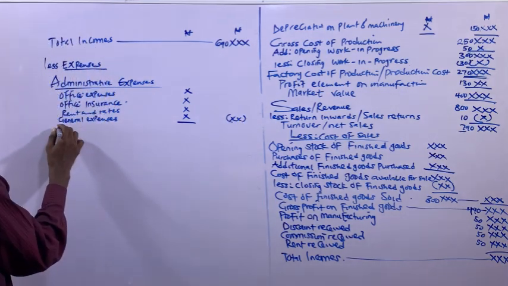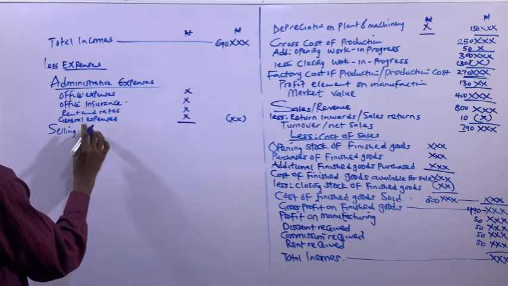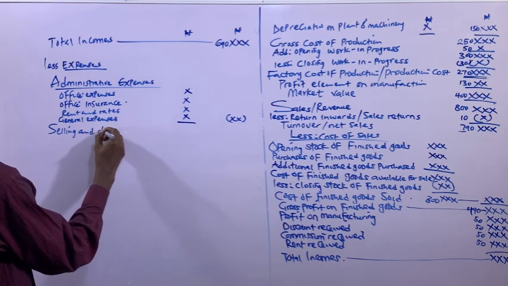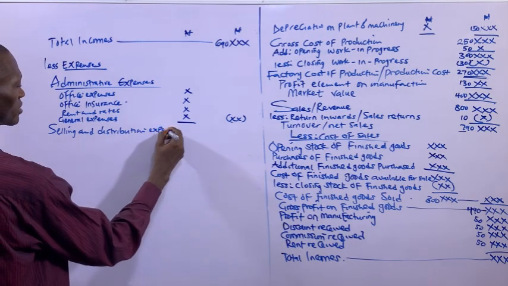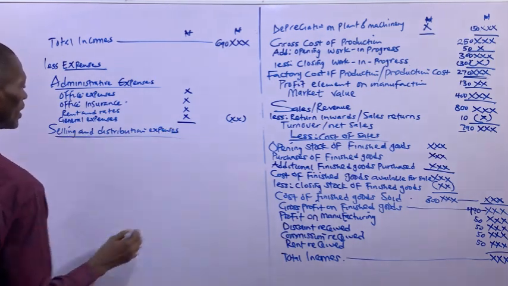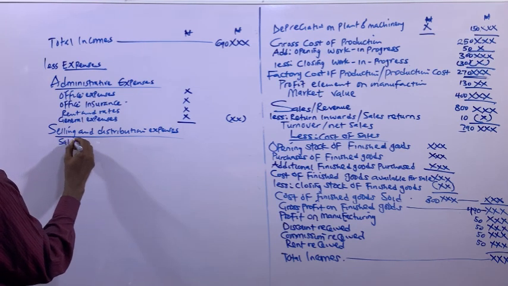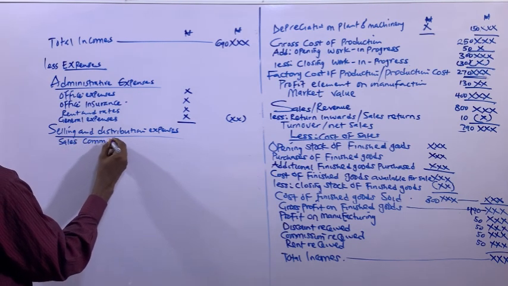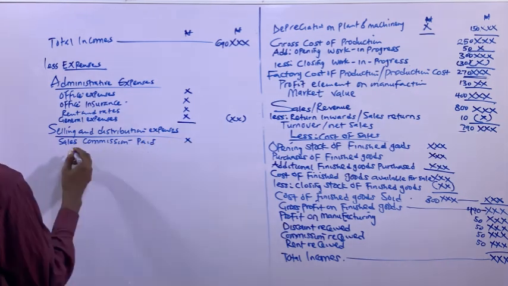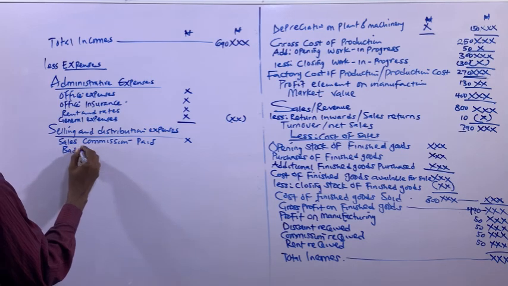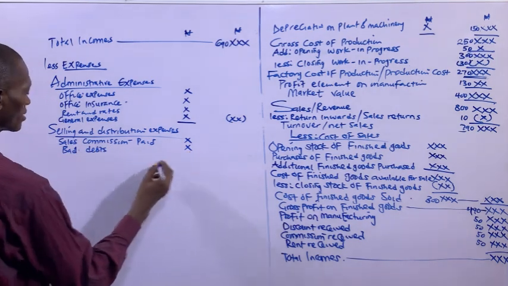Then we have selling, this is another heading, selling and distribution expenses. So under selling and distribution, you could have sales commission paid and expenses. We could have bad debts. Bad debt is also under selling and distribution.